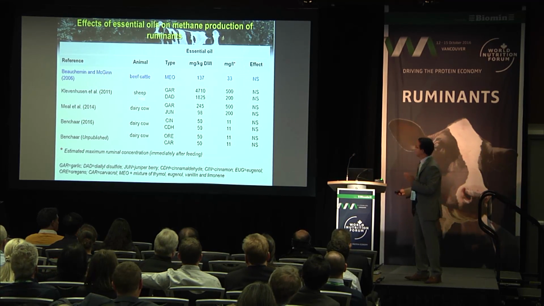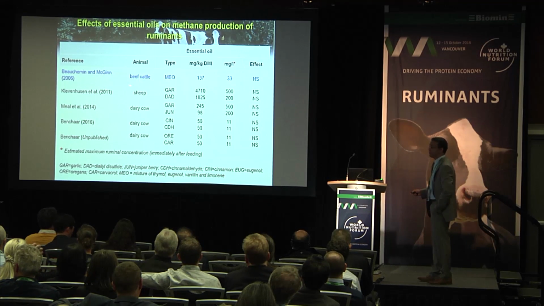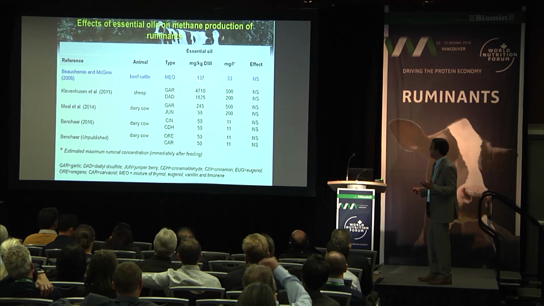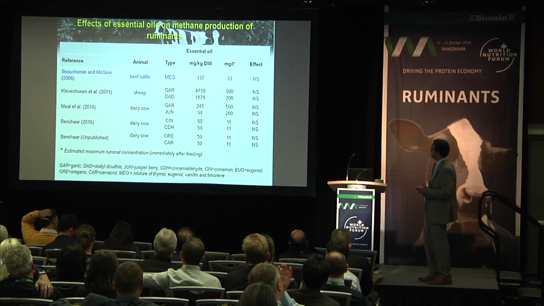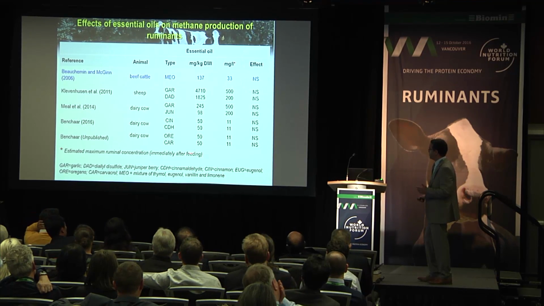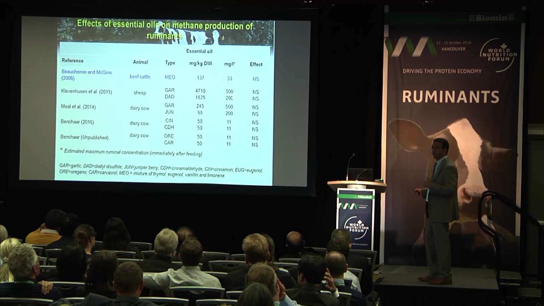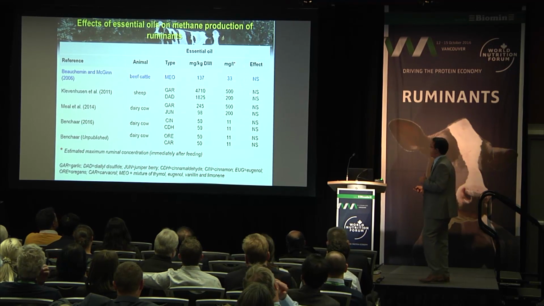If you take this study by Boschman and McGinn from Lethbridge Research Center in Canada, they fed beef cattle the same essential oil mixture at the rate of almost 1 gram per day. And as you can see, the concentration reached, calculated immediately after feeding, would be around 33 milligram per liter.